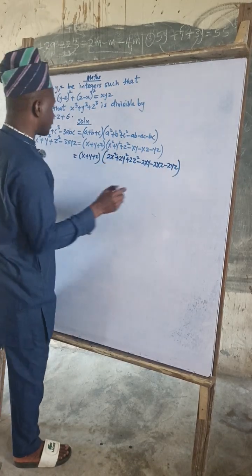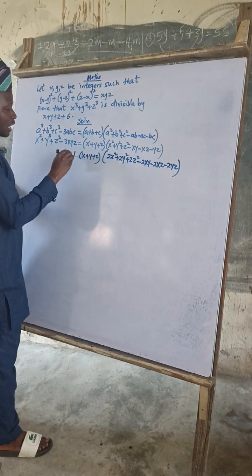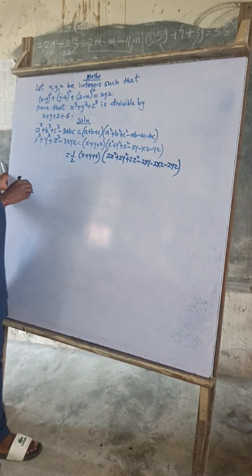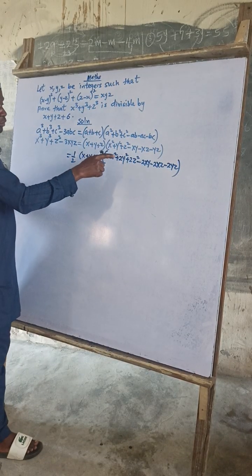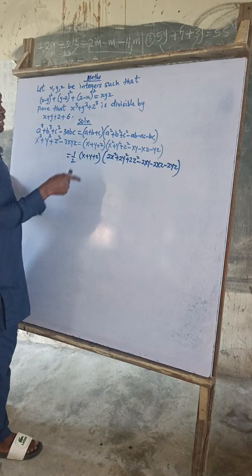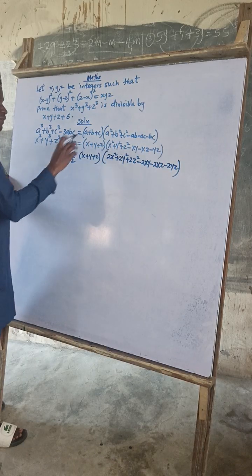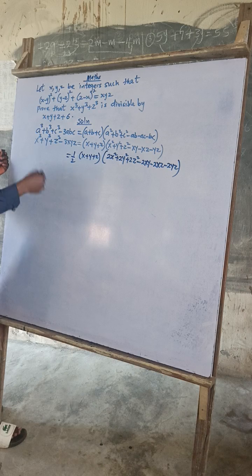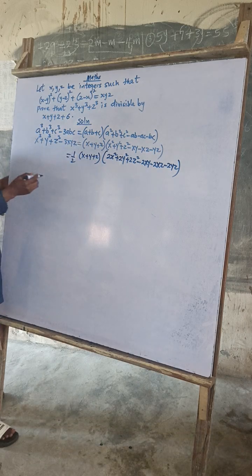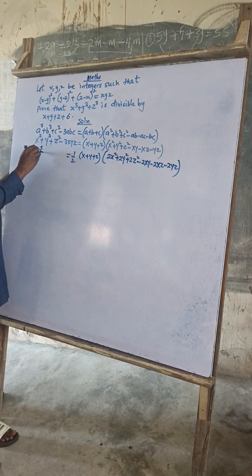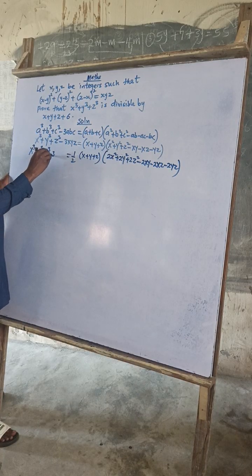That 2 that I used to multiply, I will also divide by 2. Because when I divide by 2 and also multiply by 2, you are multiplying by 1, so nothing will change. Then we have x cubed plus y cubed plus z cubed minus 3xyz.